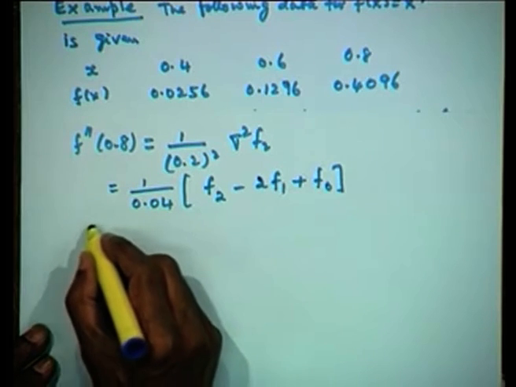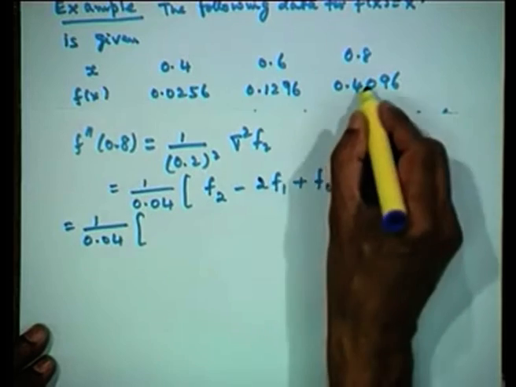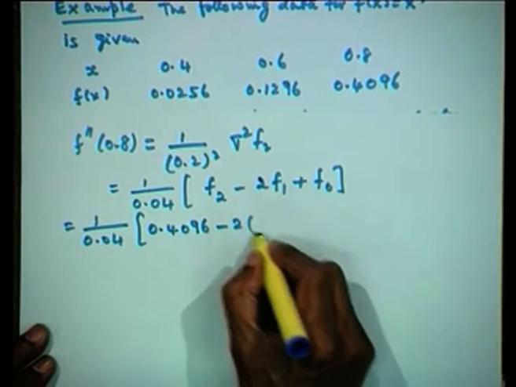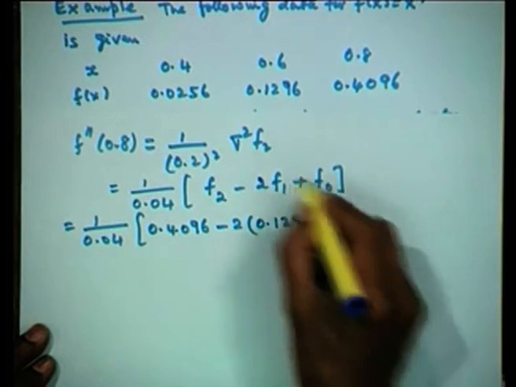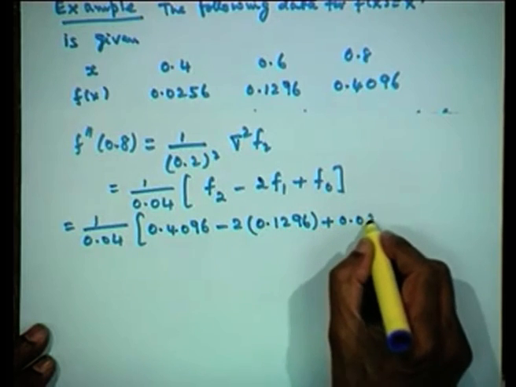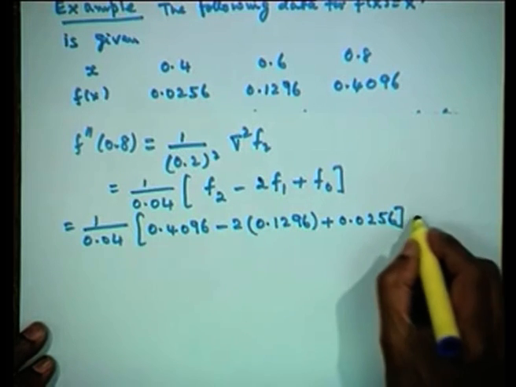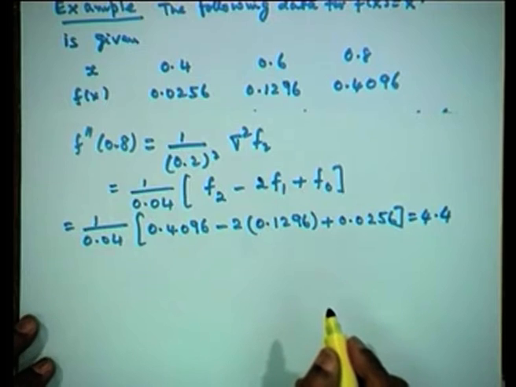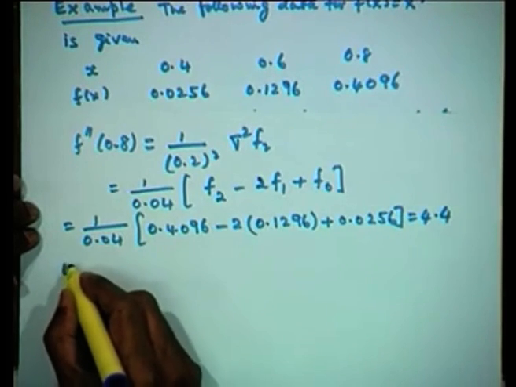So, let us substitute these values: 1 upon 0.04, f 2 is the last value 4096, minus 2 times the middle value 1296, plus f 0, 0.0256. Now, I can find its value, it comes out to be 4.4. Now, let us first of all see what the error is by using the exact solution.